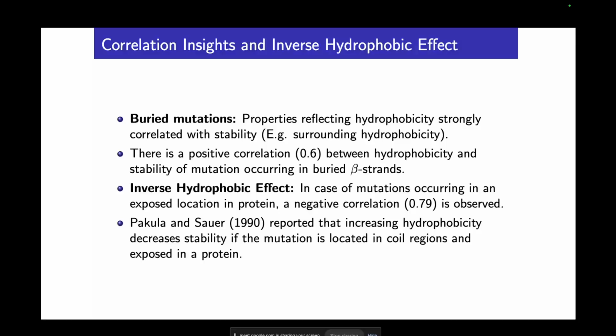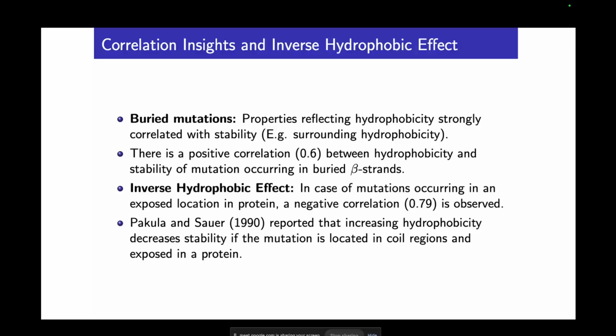So if in the buried beta strands, in the buried residue sections, a mutation occurs which is hydrophobic in nature, then it is highly correlated with stability. So the more hydrophobicity in these regions where all the residues are buried, if more hydrophobic mutations occur there, it is most likely making it more stable.